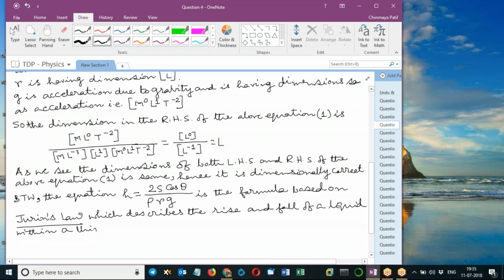A thin capillary tube. Okay, correct? Yes, sir. So let's now come to the next question.